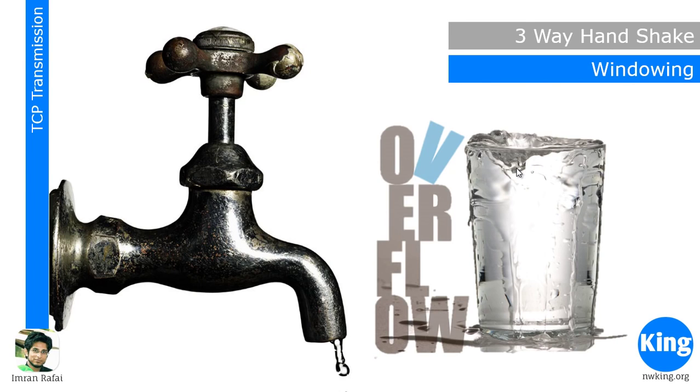Now what is windowing technique? If you've tried, especially in Windows, transferring a big file from one drive to another drive, let's say a 2 GB file, initially it would come back and say, alright, this transmission is going to take about 1 year. And you would say, wow, 1 year. And then a few seconds later it says, oh wait a minute, it's not 1 year, I think it's about 6 months.